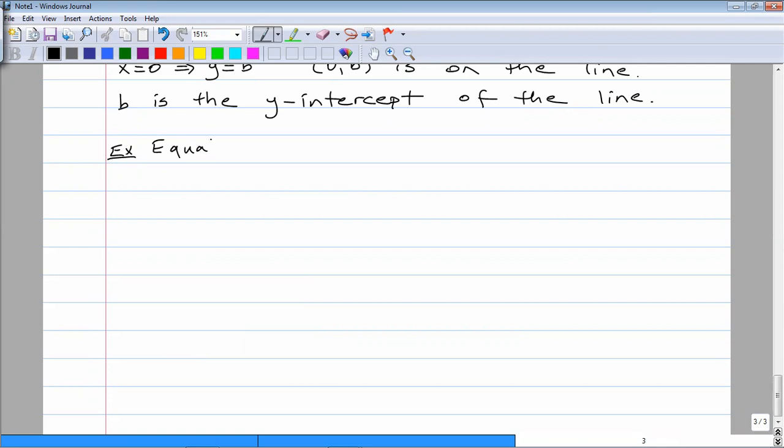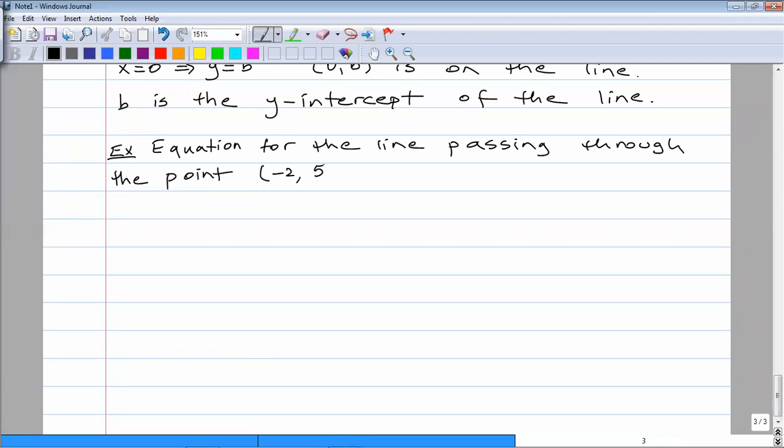Equation for the line passing through the point (-2, 5) with slope 3.